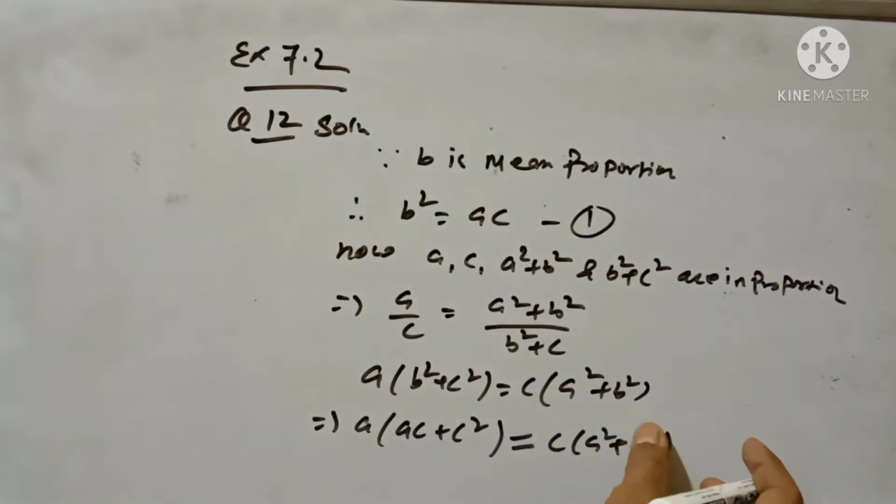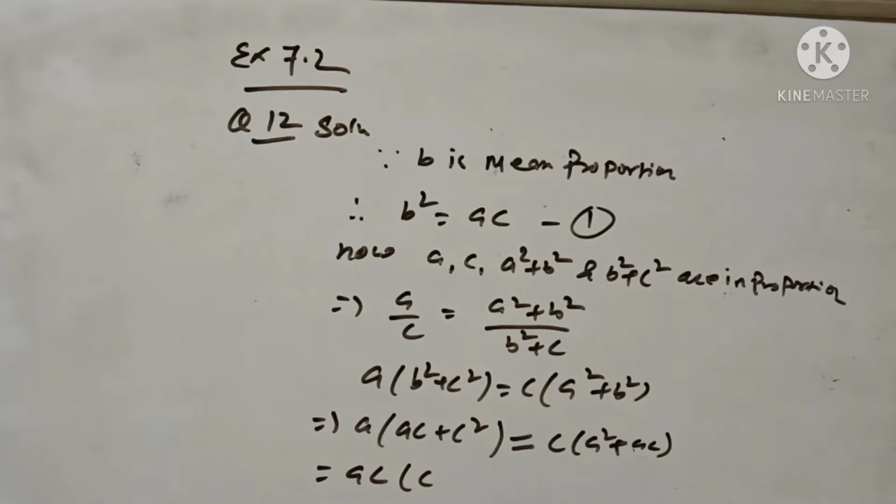So instead of b square I have written here ac. Now take the common. So ac, I am taking common c. So ac equal to ac into c into what? Here I am taking c as a common. So our remaining part is what? a, and this is c.